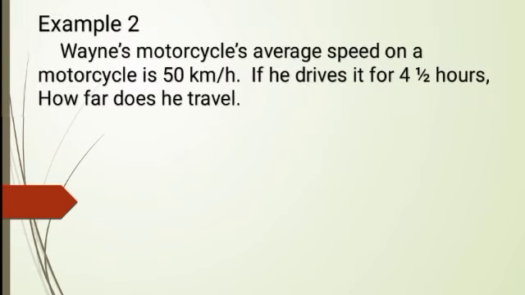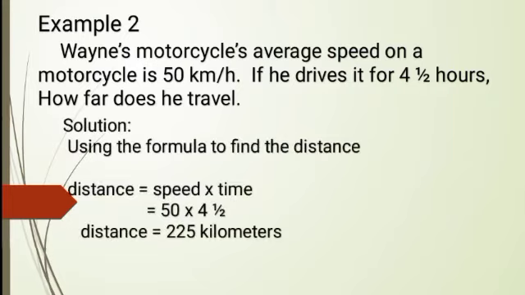For example number 2, Wayne's average speed on a motorcycle is 50 km per hour. If he drives it for 4.5 hours, how far does he travel? For the solution, using the formula to find the distance. So we are looking for the distance.